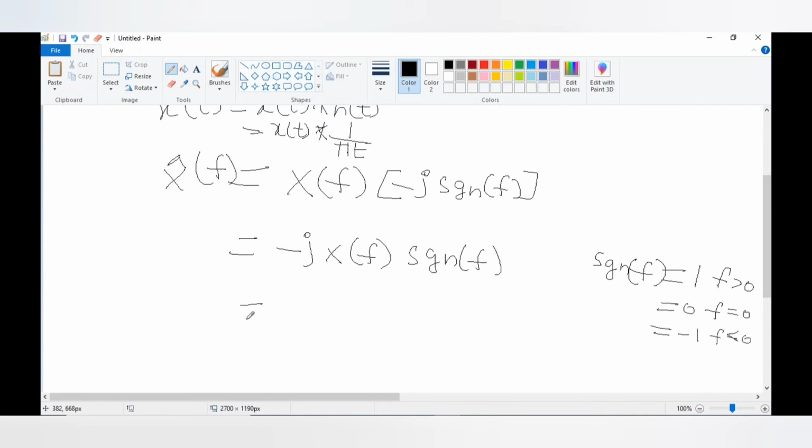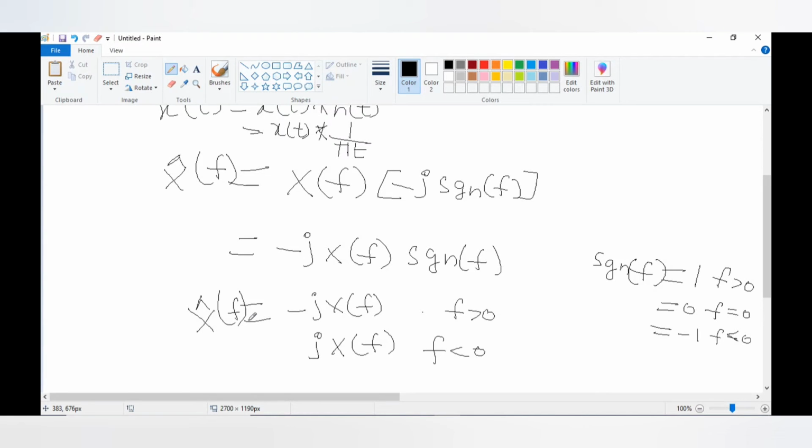So from that we can write this as minus j x of f times signum of f. For f greater than 0 it is 1, so 1 into minus j x of f, this is for f greater than 0. For f equal to 0 it will be 0, and for f less than 0 it will be minus 1 into minus j, which is plus j. So this will be equal to j into x of f, for f less than 0. This is how you find your x cap of f.